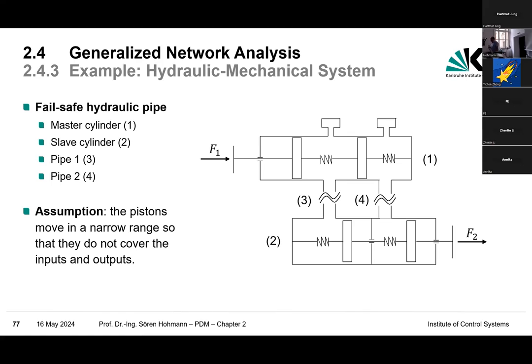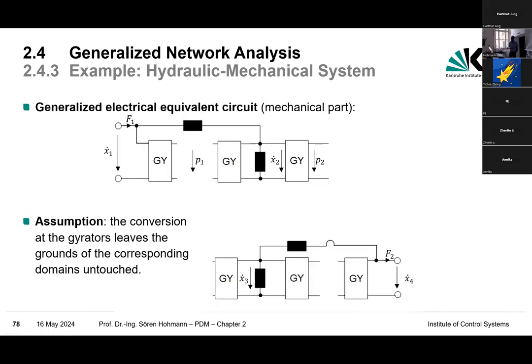Second example, with a quick view yesterday, this kind of hydraulic pipe system, phase safe hydraulic pipe. The pipes are here, 3 and 4. And the modeling of the pipes is now depicted on the next slide.